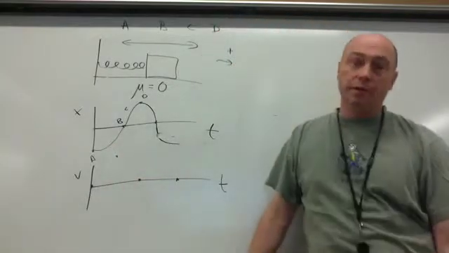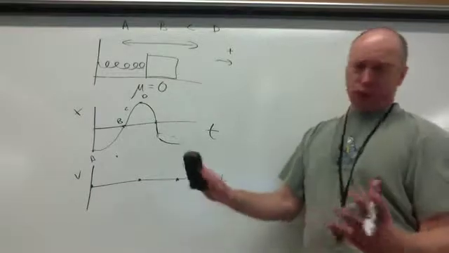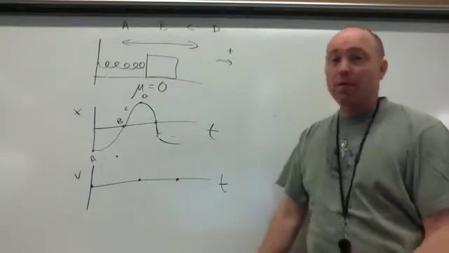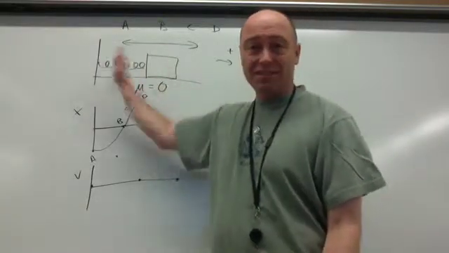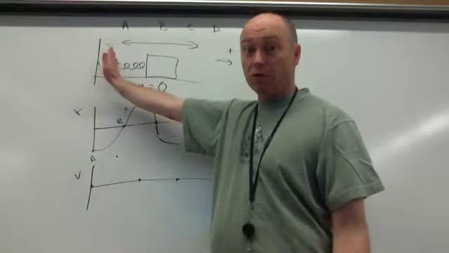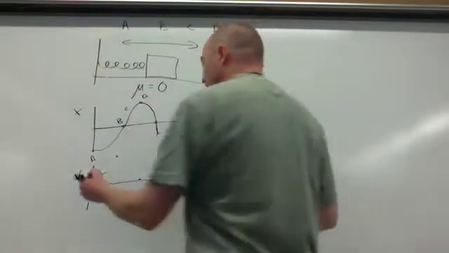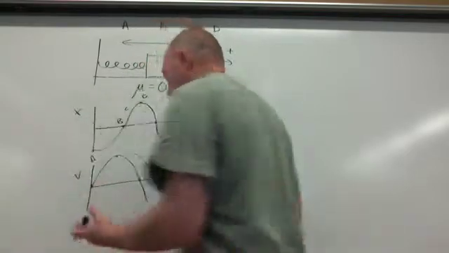Hopefully you didn't memorize this, because in our unit 1, we always did linear V versus T graphs. Well, guess what? The acceleration is not constant. Why? Because it's not a constant net force here. The spring exerts more force here than it does there. So draw out your graph. It would look something like this.